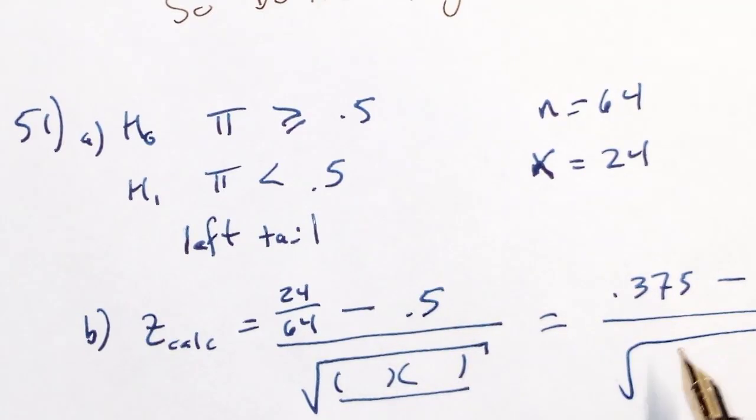Over the square root of 0.5 times 1 minus 0.5 over the number of things.